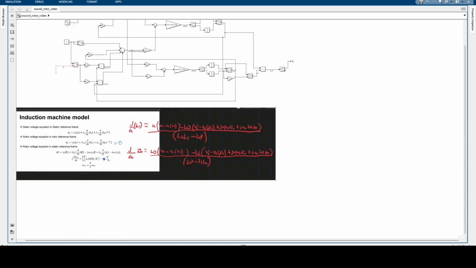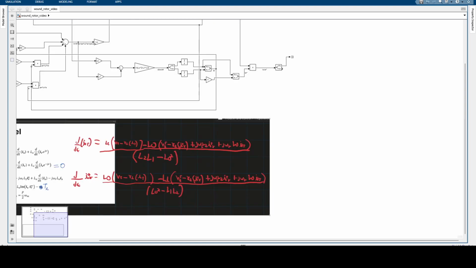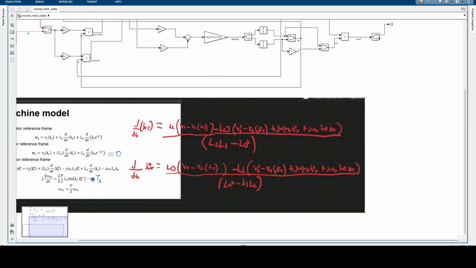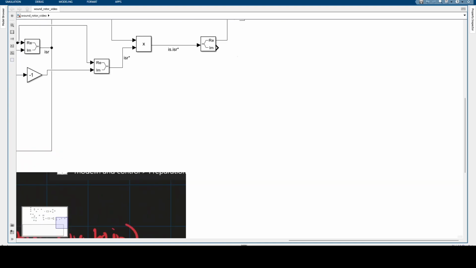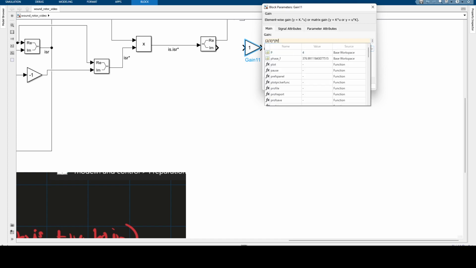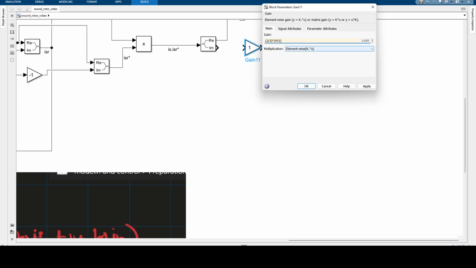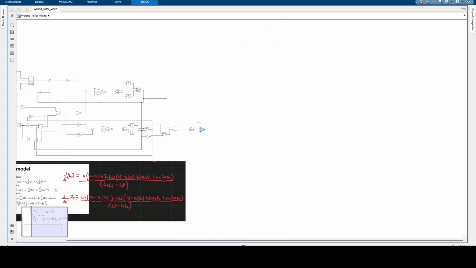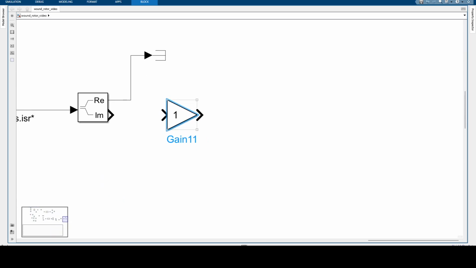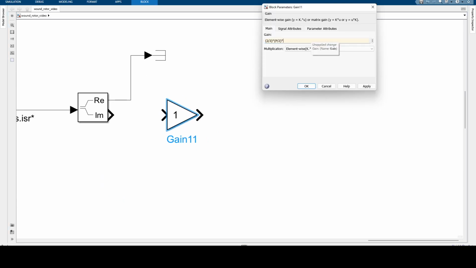And our imaginary part we multiply by L naught, by all of this: 2 over 3 times the number of poles over 2 times L naught.